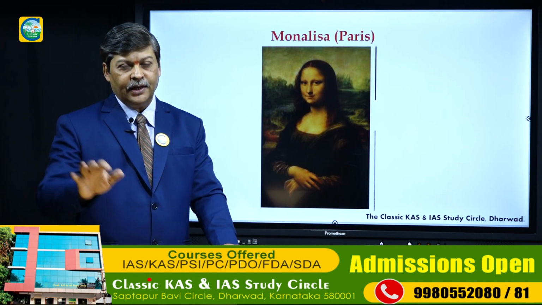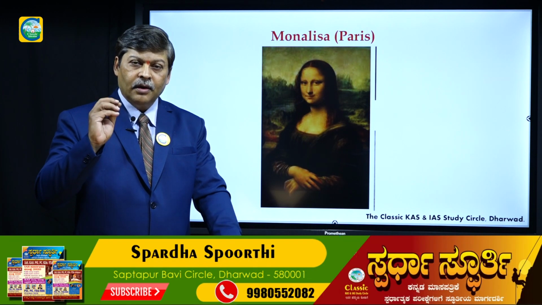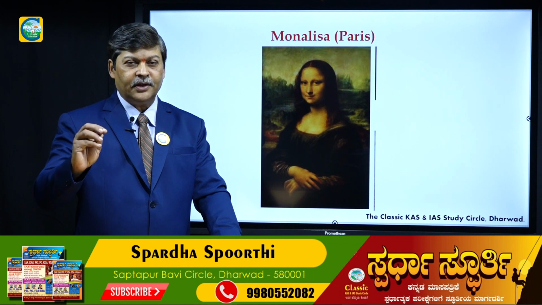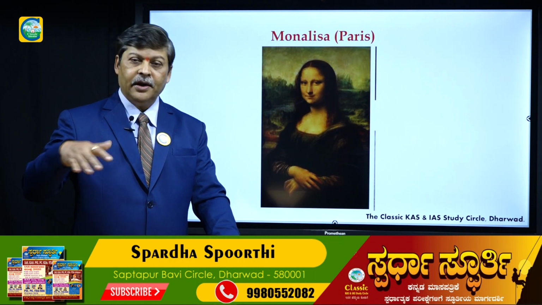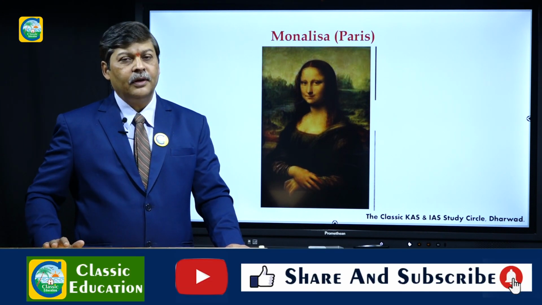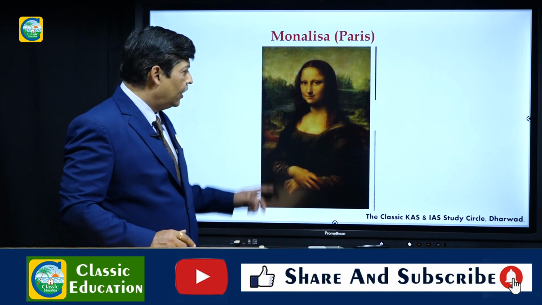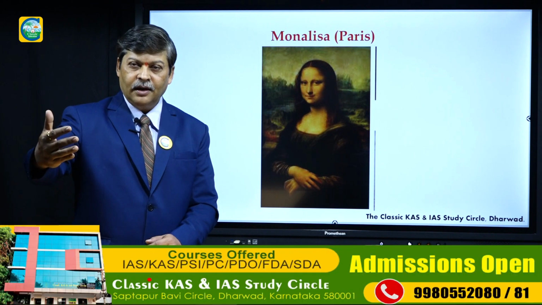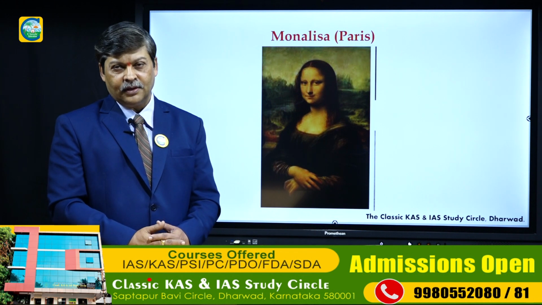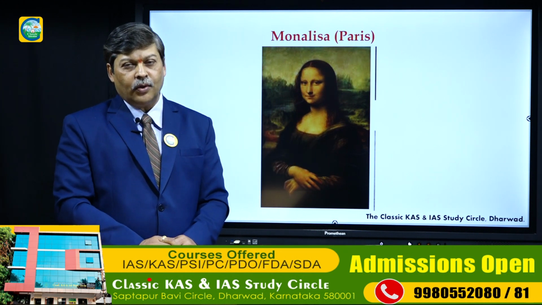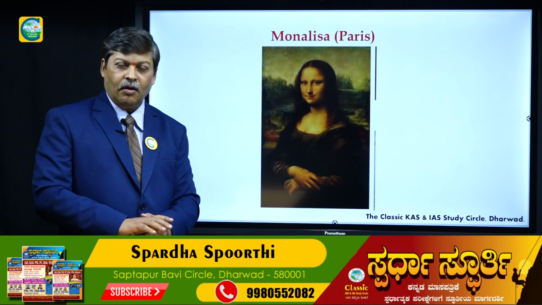In 1797 to 99, Napoleon Bonaparte invaded Italy and returned with a lot of treasures, and one of the treasures he brought as a war trophy was the painting of Mona Lisa. It was Napoleon who brought this painting from Italy to France, and he got the Louvre Museum constructed, in which the painting of Mona Lisa is installed.